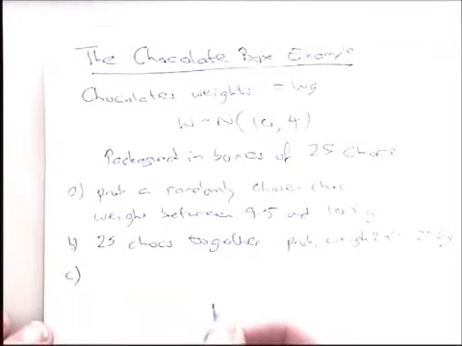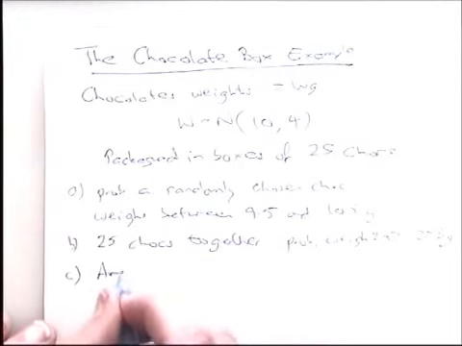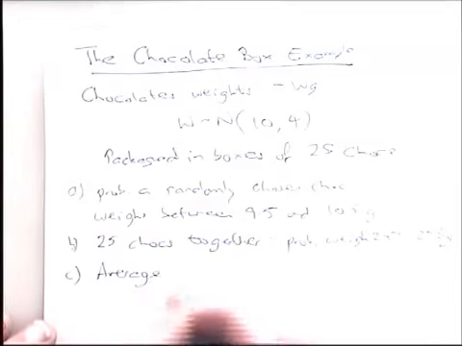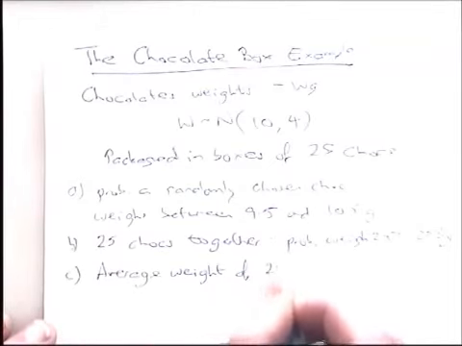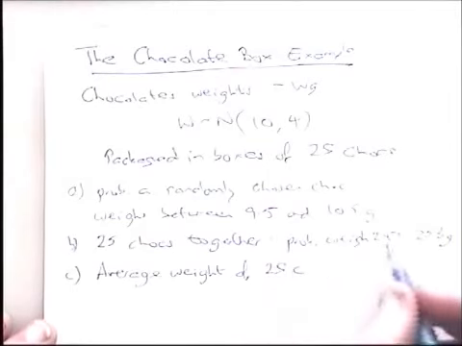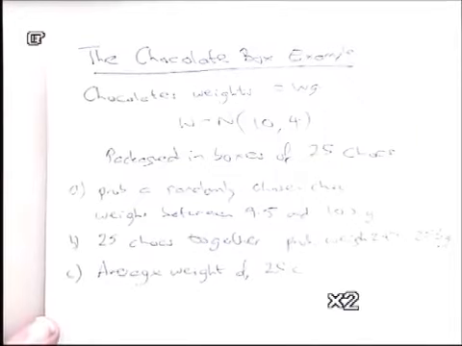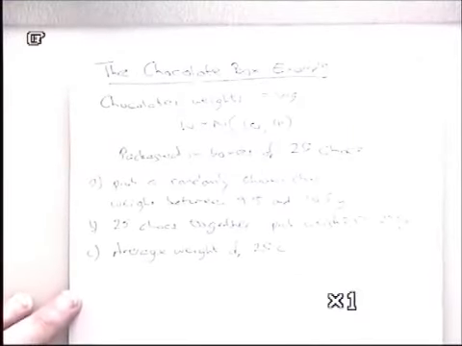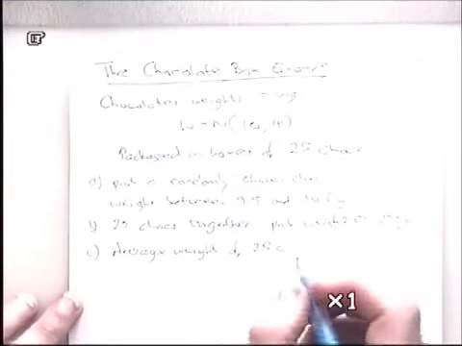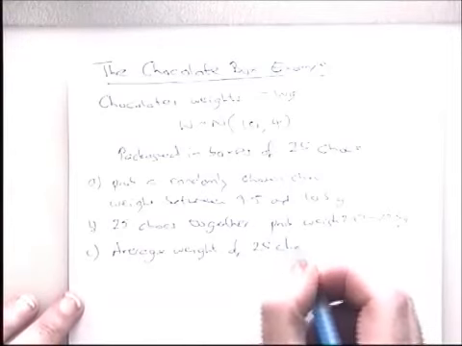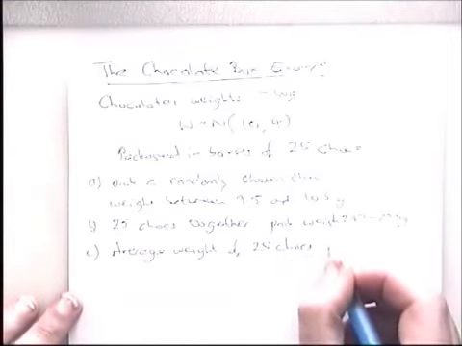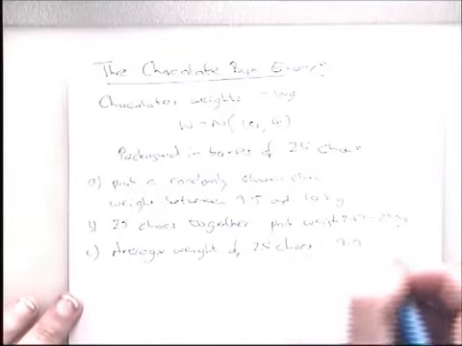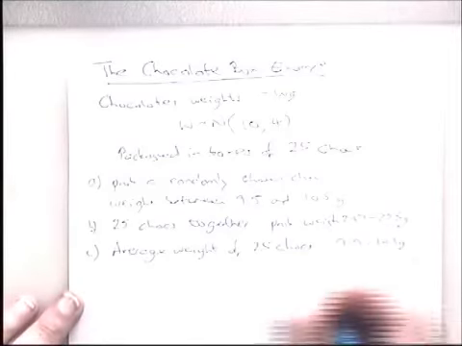And then part C is looking at the average weight of 25 chocolates. Between 247 and 253, sorry, that's off the board for those in class. Okay. Now, part C, the average weight of 25 chocolates is between 9.9 and 10.1 grams.